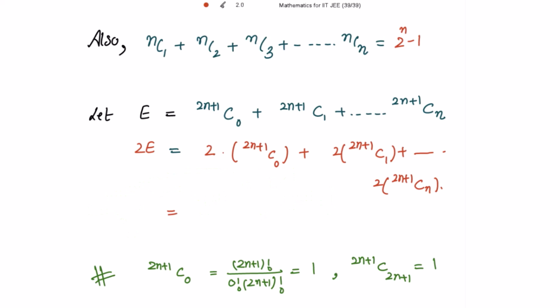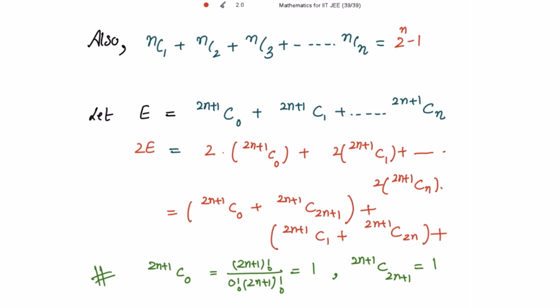So writing this further, for the first term, 2n plus 1C0 plus 2n plus 1C(2n plus 1). Similarly, I can write also twice of 2n plus 1C1 as the sum of, yes, 2n plus 1C1 plus 2n plus 1C(2n), right? Because the values of these two terms are equal, right? So I can take their sum as twice 2n plus 1C1, right?